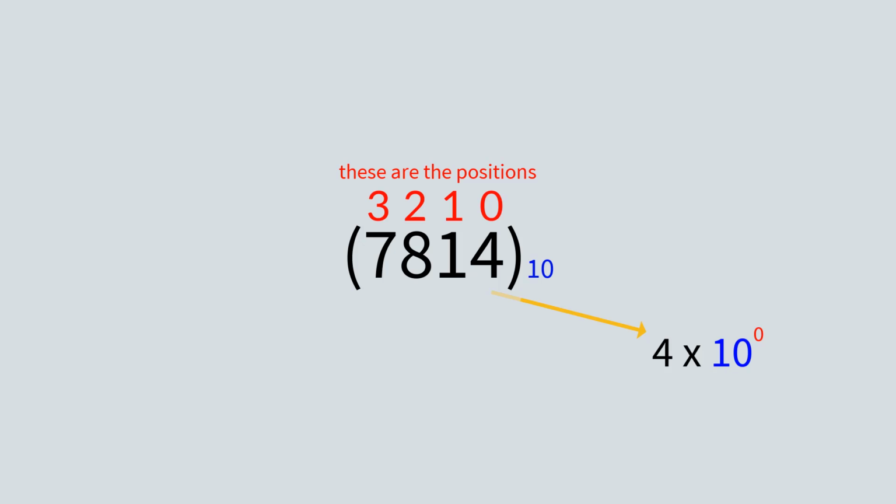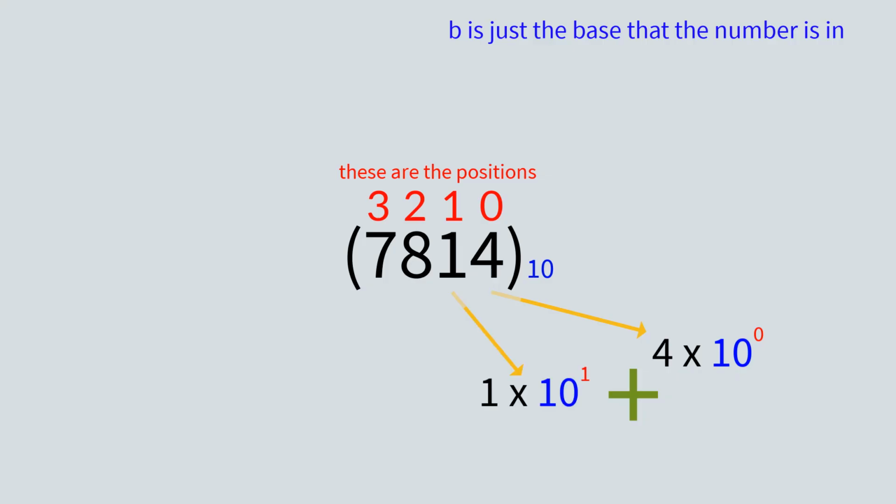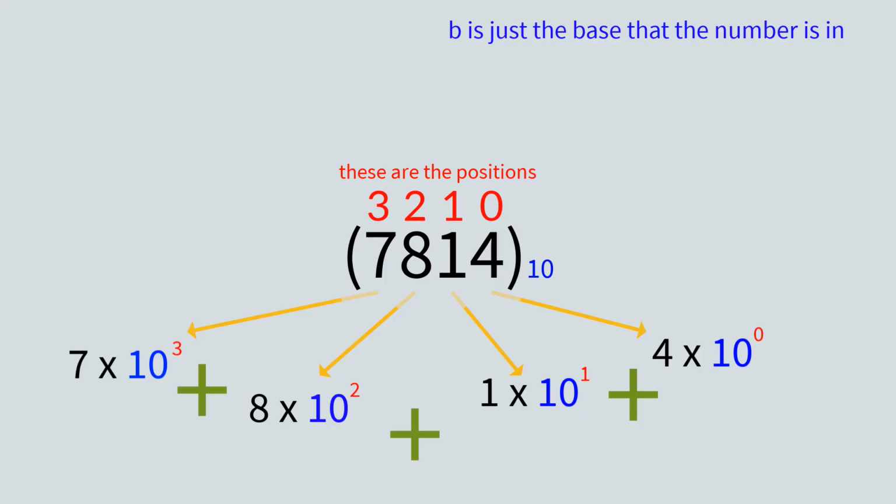So the rightmost digit is multiplied by b to the power of 0, the next digit is multiplied by b to the power of 1, the next by b to the power of 2, and we continue in that way.